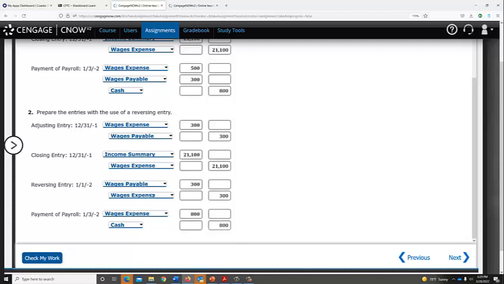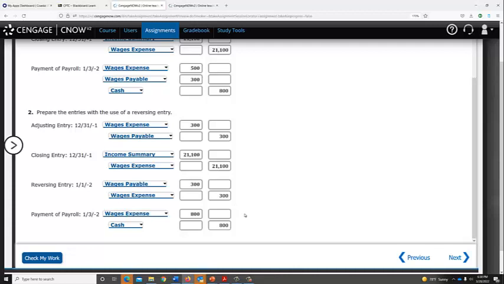And since we've done the reversal, the current year's wages expense will be 500 because going into this entry, we have a negative 300 in wages expense, a credit, and when we debit for 800, that nets out to 500 in wages expense. And then, of course, wages payable was already zeroed out for us.